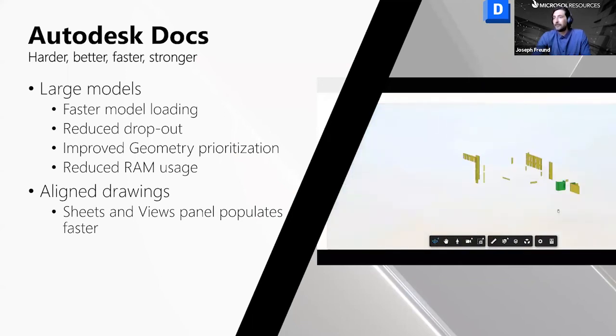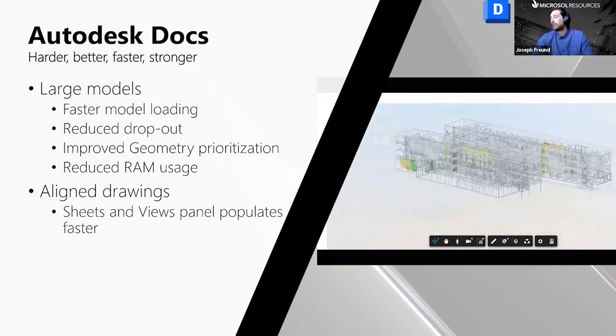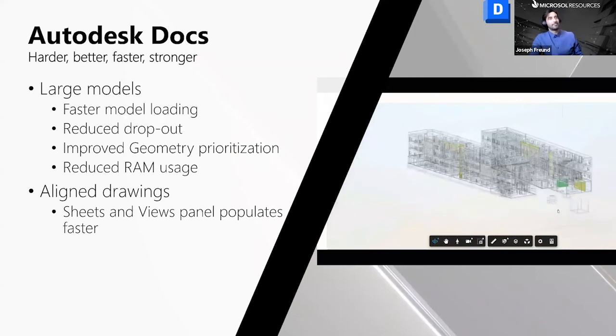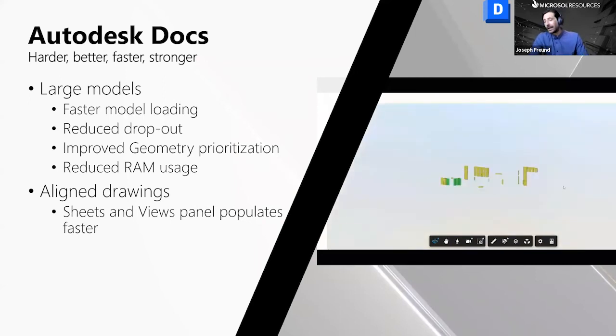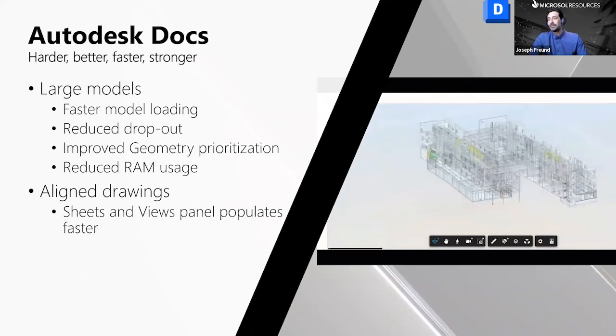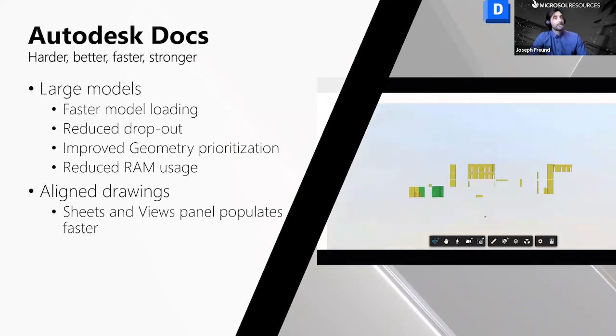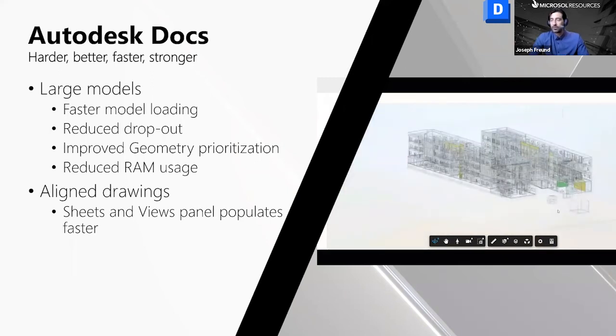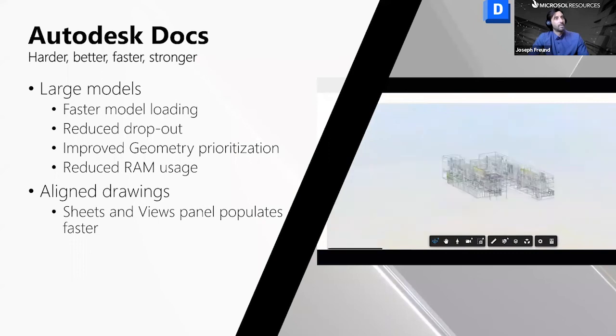And you have improved geometry prioritization, so that it'll process all of the most important geometry for you to see in the viewer there. And this will also reduce your RAM usage. As it is, Chrome is a pretty high RAM user, and if you do have someone going back and forth between Revit and Autodesk Docs, it can take up quite a bit of RAM, but they've reduced that footprint, so it won't be reaching the maximum as easily anymore.